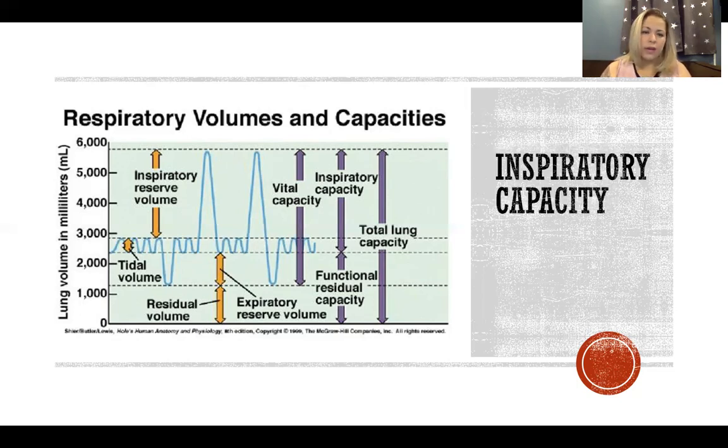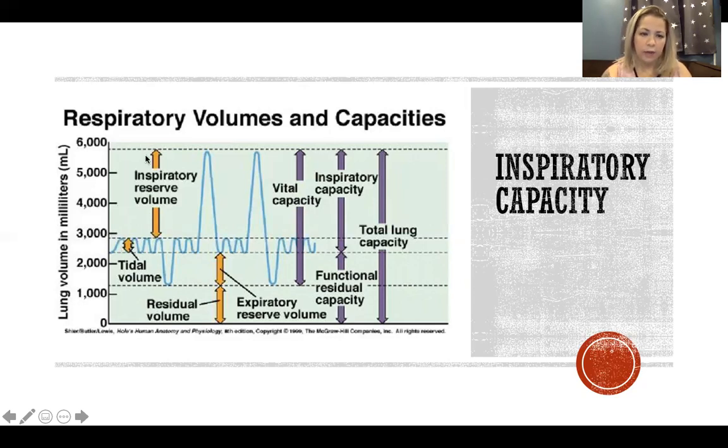The inspiratory capacity. Now we've moved beyond the volumes, which in this graph are the little orange arrows. Now we're looking at capacity. More functionally speaking, we're looking at how much air we can move in and out. So now we're adding volumes together to form capacities, and those are the purple arrows on the right side. The inspiratory capacity, you can see in the graph here, includes the inspiratory reserve volume and the tidal volume.